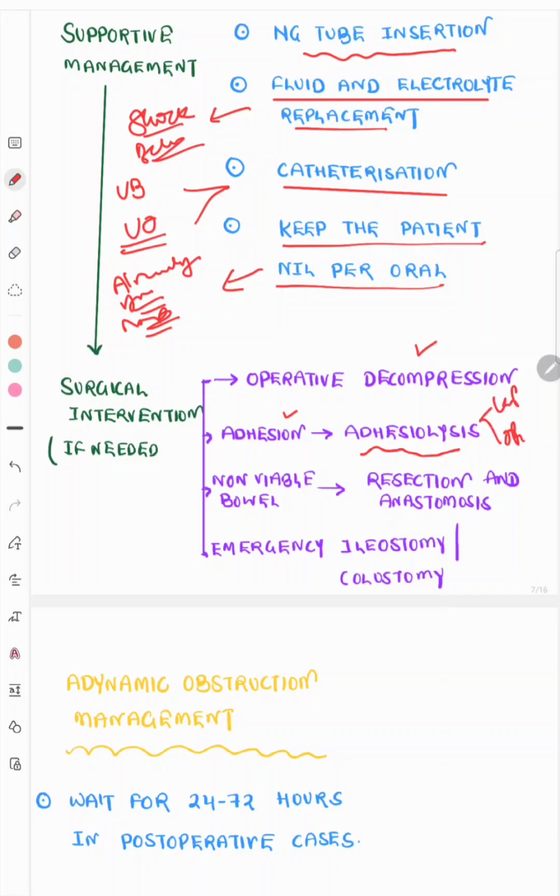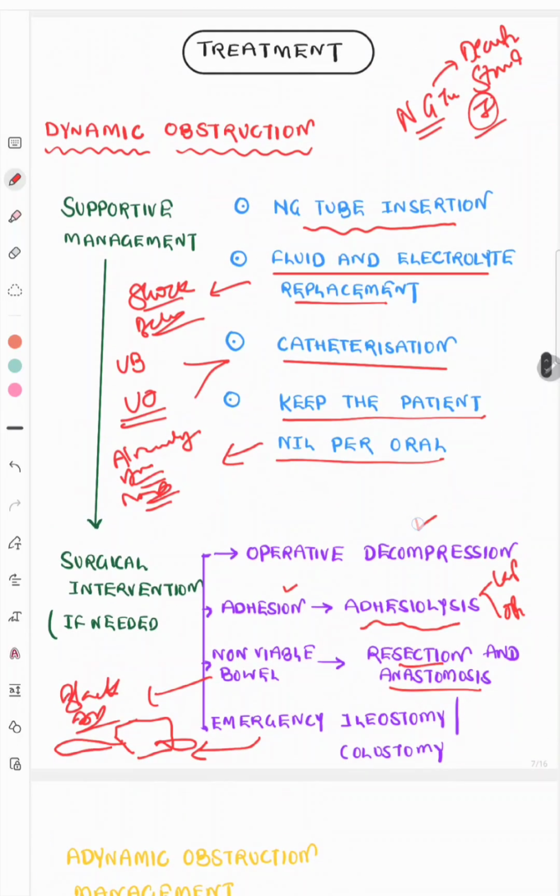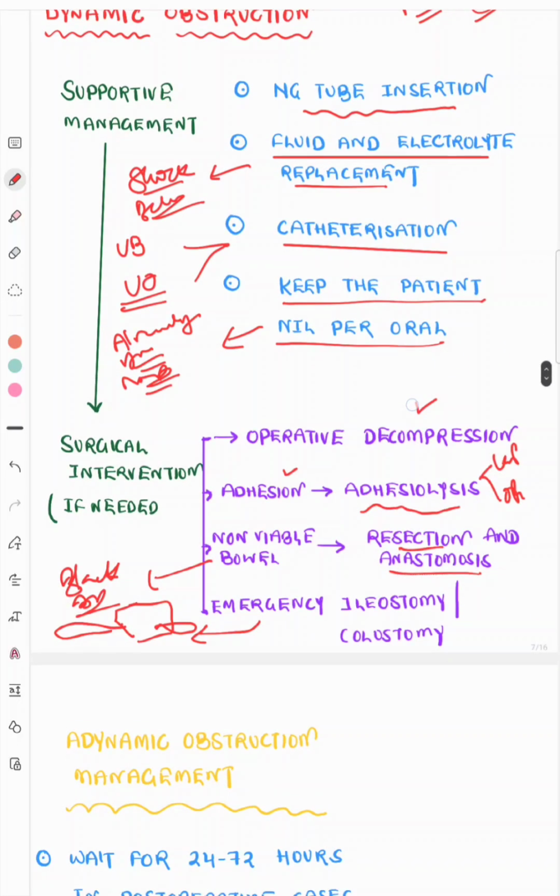If the bowel is non-viable, means black bowel, we will resect and anastomose the bowel, and we can enter the abdomen by exploratory laparotomy, and we can form ileostomy on the right side and colostomy on the other side. So these are the management steps for dynamic obstruction.